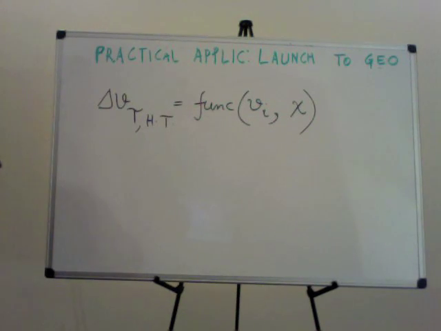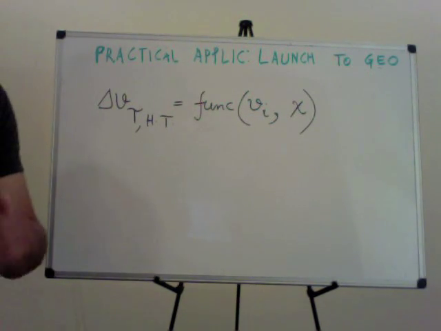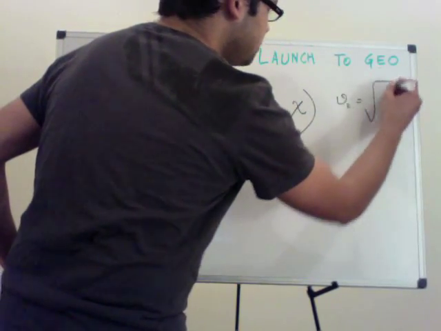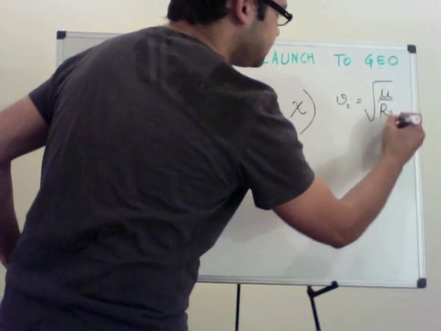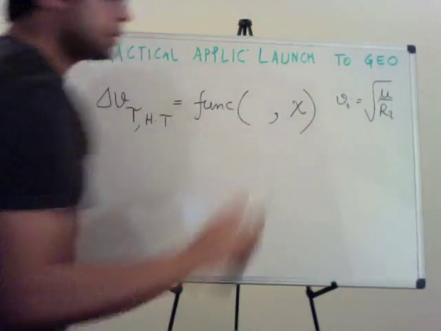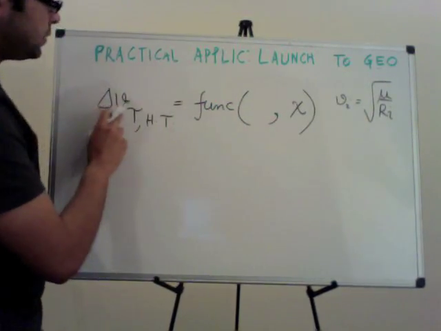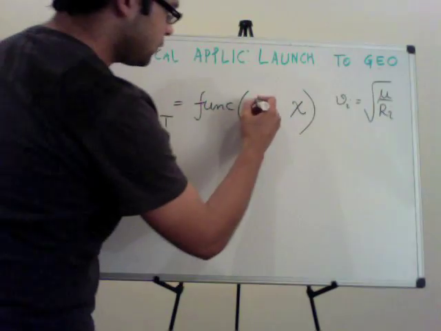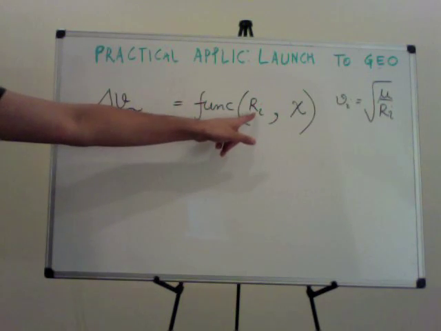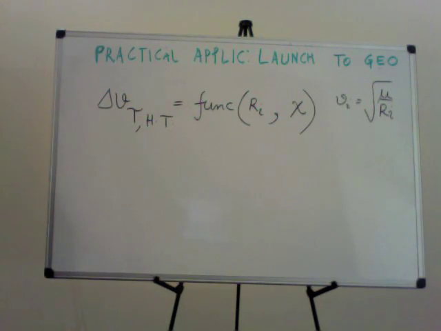Vi is the speed in the initial orbit, but Vi in turn is a function of Ri. Remember that Vi is equal to the square root of mu over Ri. So I can replace this and say that the delta V total in the Hohmann transfer is a function of Ri and chi. Now Ri is the same in both methods A and B.